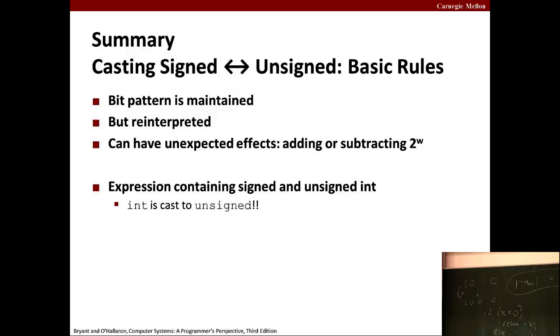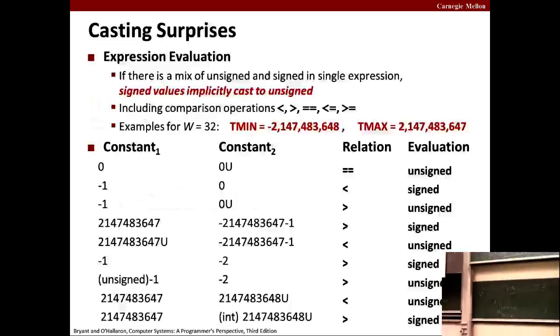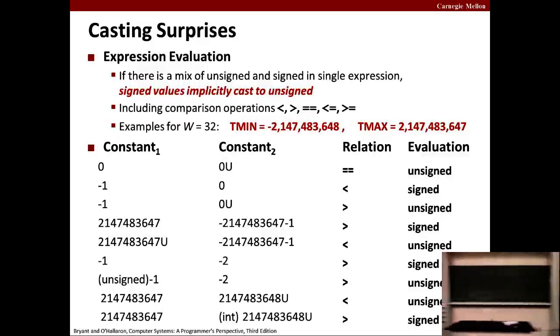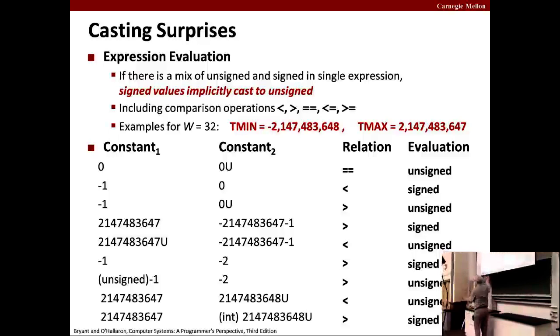No. If you ever look at the C constants, they use this as a way of representing T min, and they do it for that reason, because you see, it's exactly this problem. And they put parentheses around it, so there's no precedence problem. But you see that number that ends 647, that's T max. And so basically, it's just saying that T min is minus T max minus 1.